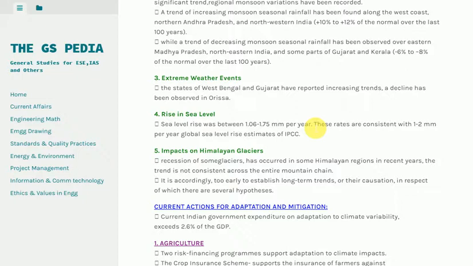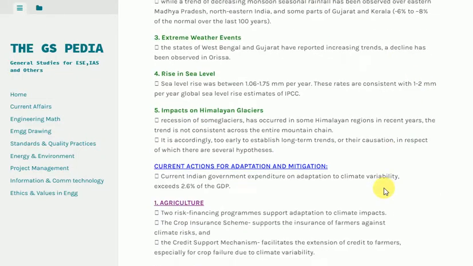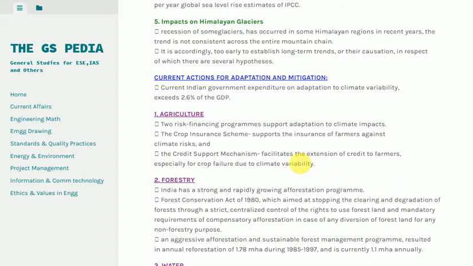Current actions for adaptation and mitigation. Current Indian government expenditure on adaptation to climate variability exceeds 2.6% of the GDP. 1. Agriculture. Risk financing programs support adaptation to climate impacts.